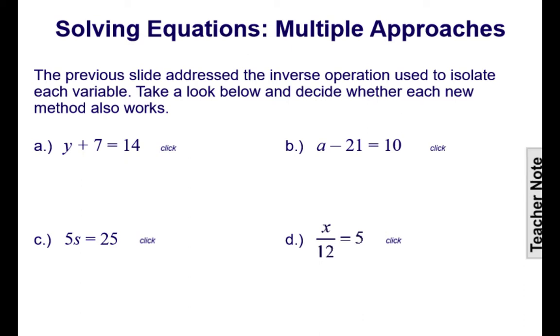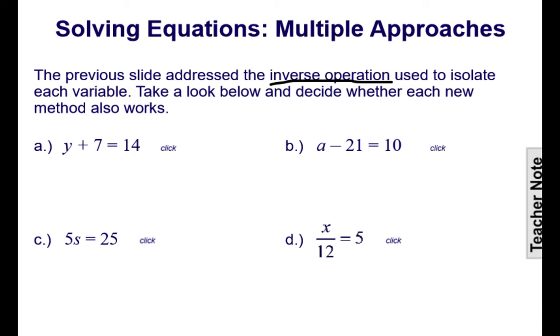Now, the previous slide we just talked about addressed inverse operations. Those were those opposite operations used to isolate each variable because we're eventually going to try and solve. But let's take a look now at each of those same 4 equations and decide whether this new method works also.